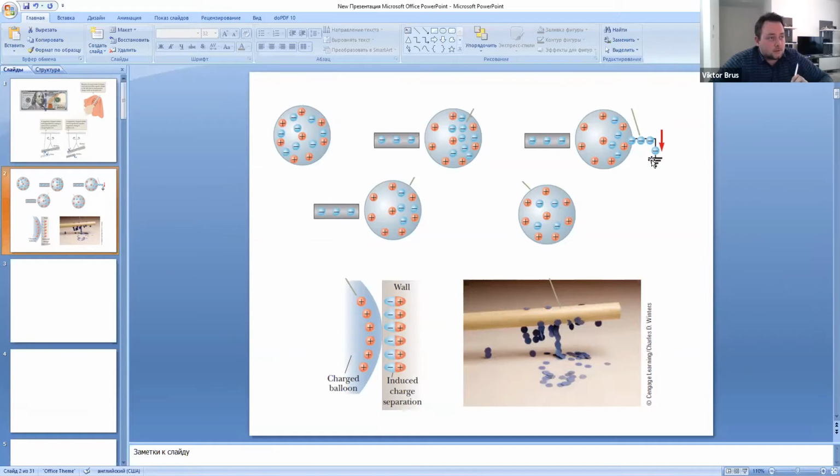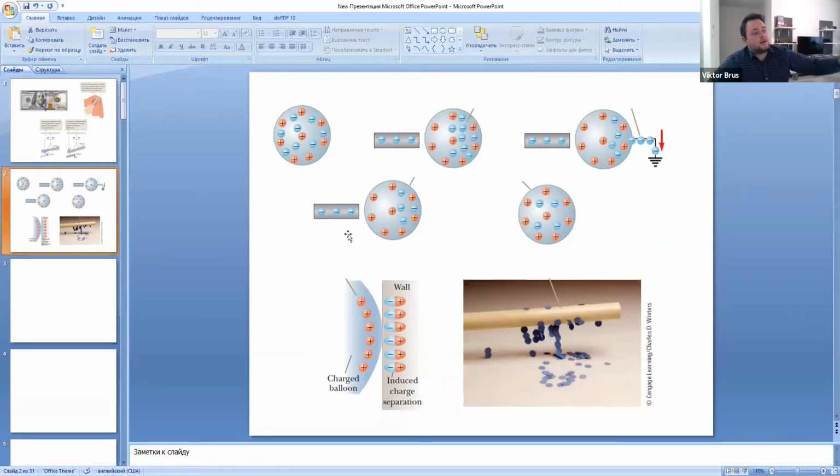Once we got rid of a certain number of these electrons, this wire can be eliminated, and then we will end up with, again, an isolated metal sphere. But in this case, there will be much fewer electrons than positive charges.